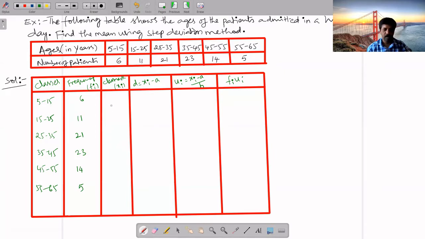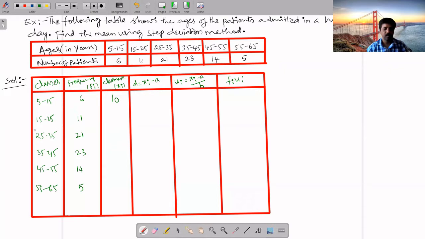Now we will write here the class mark. In the third column, we fill in the class marks, nothing but mid values. For the first class, the lower limit is 5 and the upper limit is 15. The class mark or mid value of this class is the average of these two limits, that is 5 plus 15 by 2, 20 by 2 gives you 10.